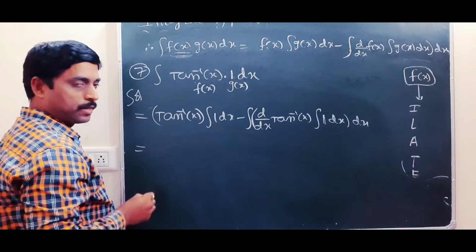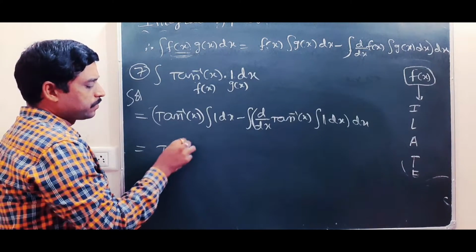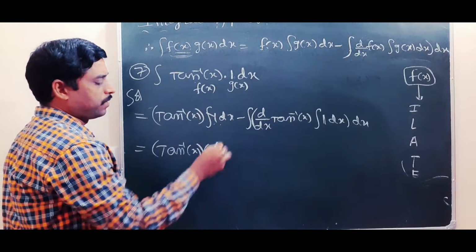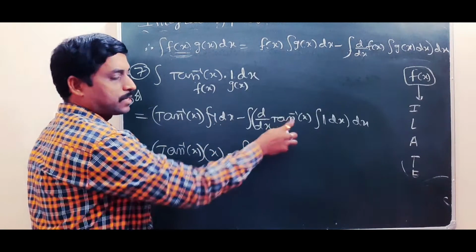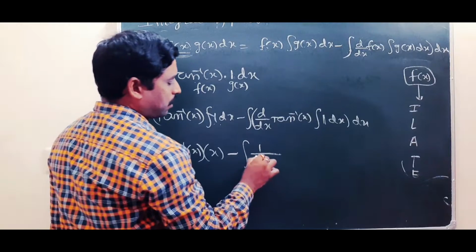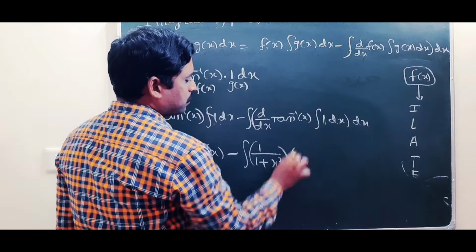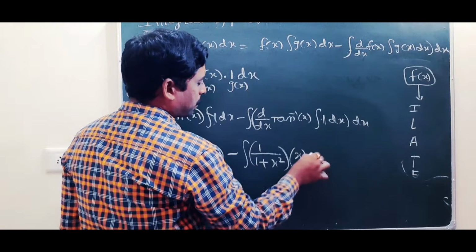Okay, it will be, so tan inverse x into integral 1 dx, we get x, differentiation of tan inverse x will be 1 by 1 plus x square. So integral 1 dx is x dx.